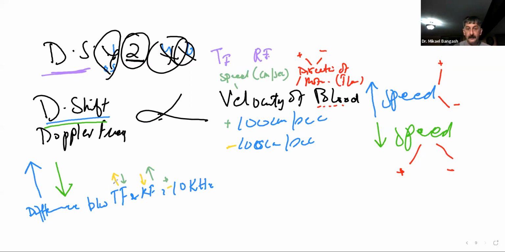Whereas if we have a low speed, which means we have a low Doppler shift, there will be a small difference between our two frequencies, the transmitted frequency and our reflected frequency. Let's just say that in this case we only had a difference of 1 kilohertz.